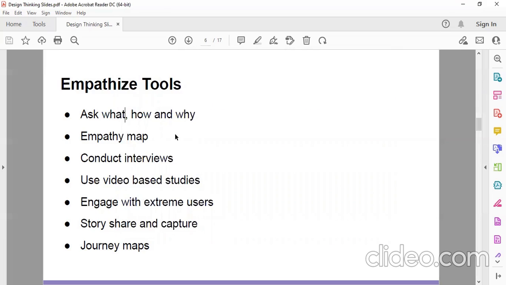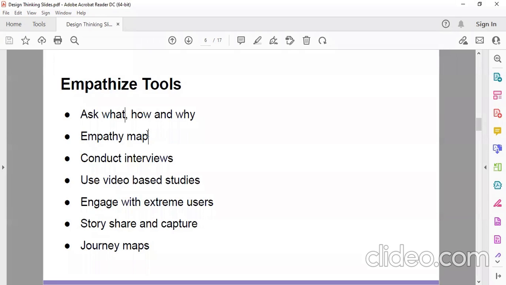And in the why question, we need to interpret. Here is the part where we interpret what they do, right? With all the observations we have had, we are going to interpret their actions. Okay, so that is the first tool.